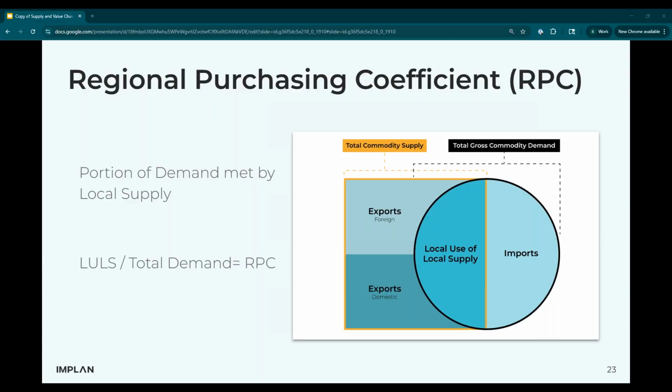So if I'm in Mecklenburg County, North Carolina, and I'm importing something for production from somewhere else in North Carolina or somewhere else in the United States, that is a domestic import. I'm importing it into Mecklenburg County from somewhere else in the United States. And then we have foreign imports. So those are coming from outside the national economy.